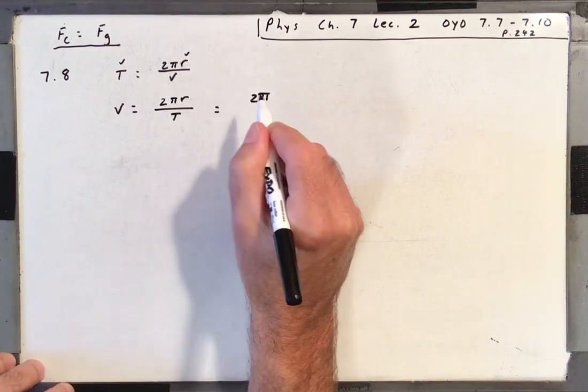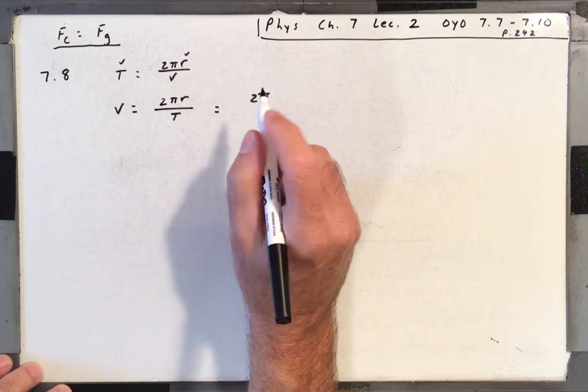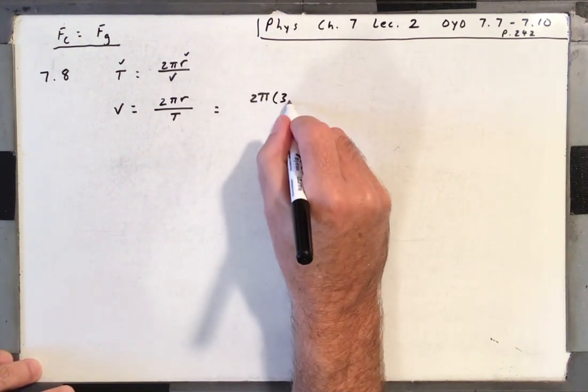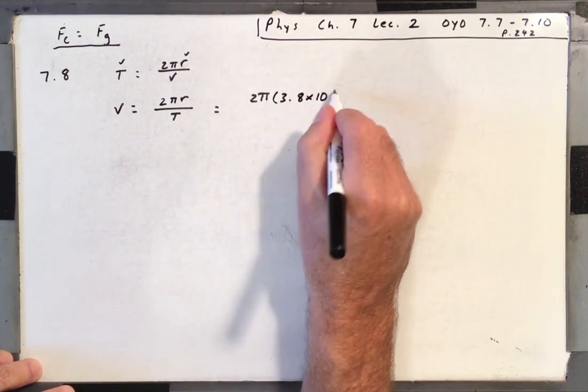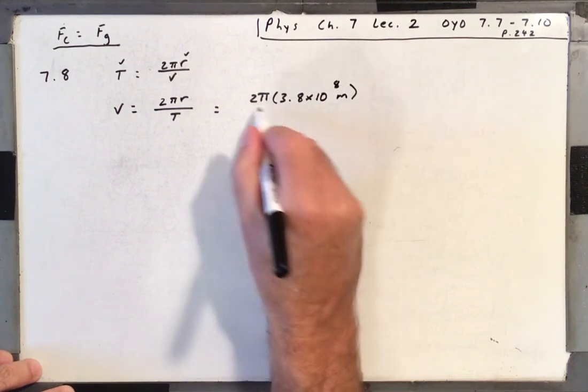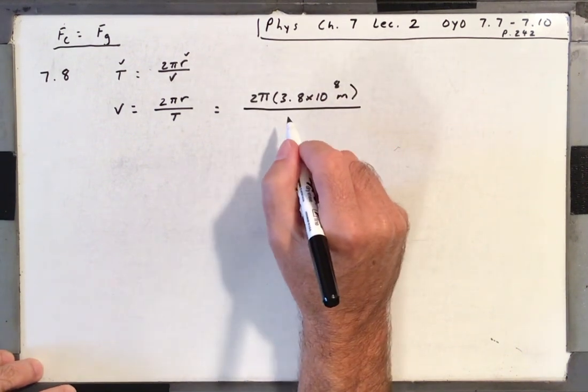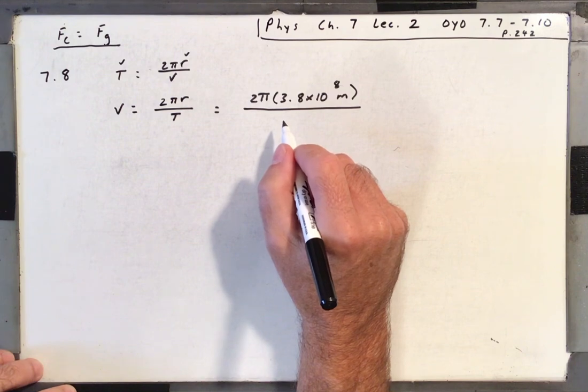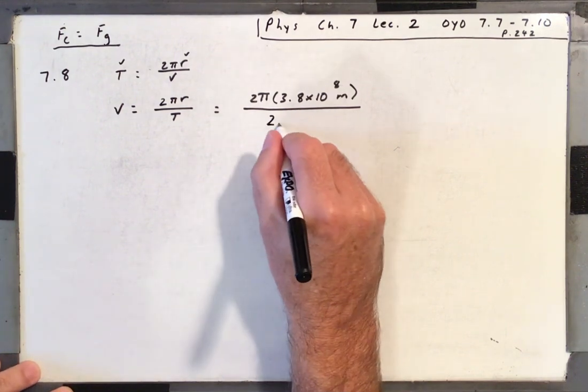So that's 2 pi. The radius is 3.8 times 10 to the 8th, over t, which is 2.36 times 10 to the 6th.